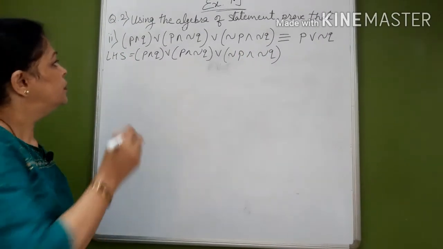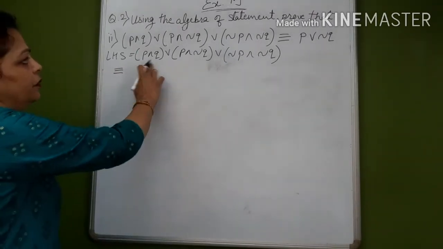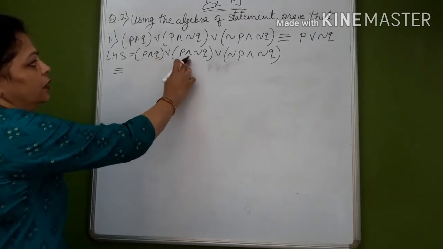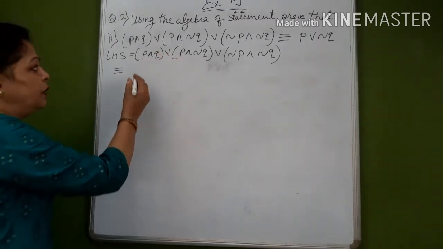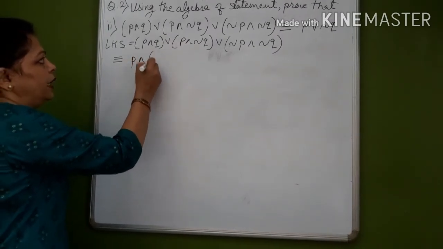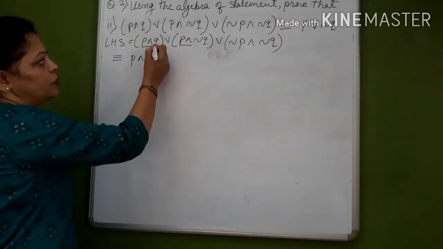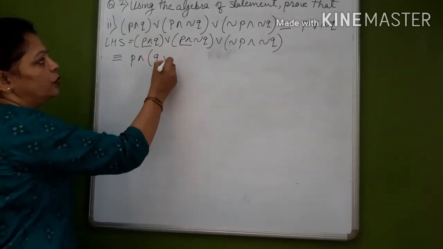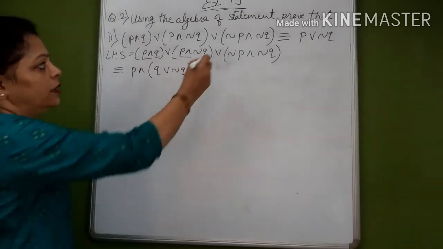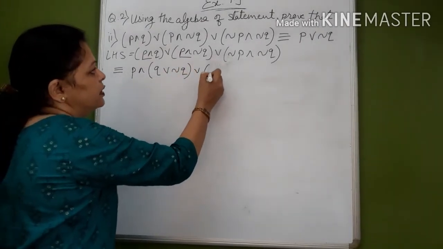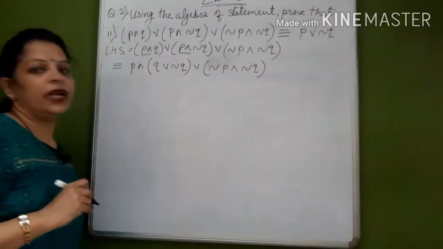Fine. See, if you observe over here, in these two brackets, you can see that P and is common. So let us take it out. P and, what will you get in the bracket? From the first bracket you get Q or negation Q. Correct? Second bracket, let's write as it is for the time being. Afterwards we have to simplify that also.